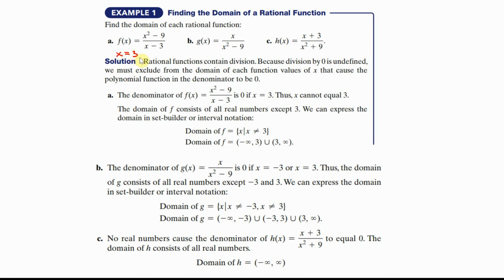Let's start by saying x minus 3 equal to 0, and so that implies that x is equal to 3. Well, x equal to 3 becomes a problem.